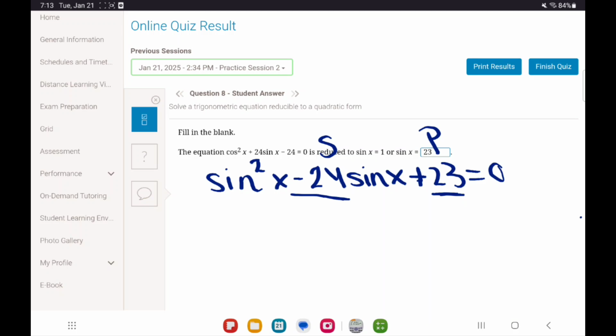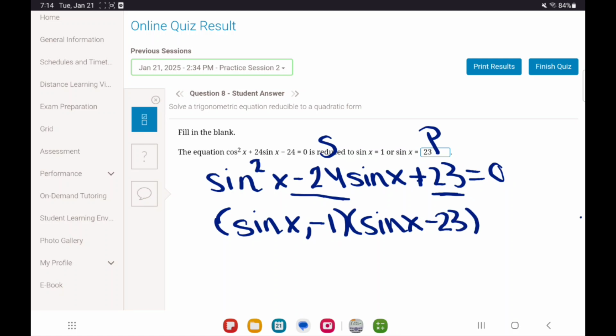The only thing you can multiply to get 23 is 23 by 1, okay? But we need to get a negative 24, and we know that two negatives make a positive. So we'll just factor it out: sine x minus 1 and sine x minus 23, okay?